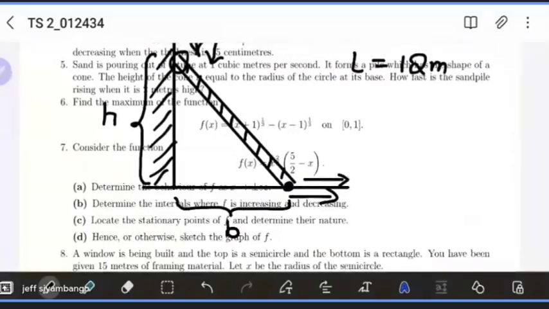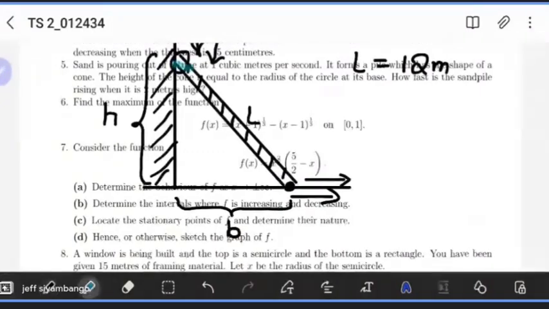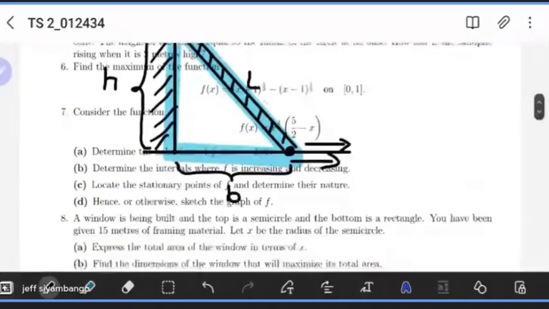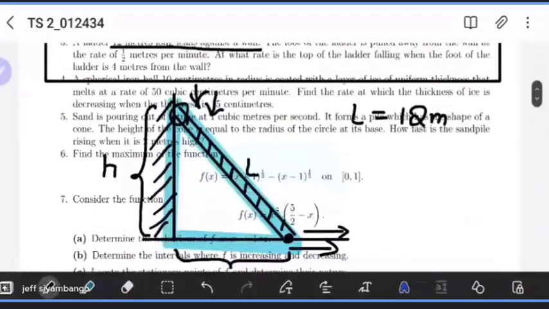So in other words, we want to find a connection between the height, the base, and connect this with the length of the ladder. And since the shape we are forming when we do this is a right-angled triangle, all the sides of a right-angled triangle will be connected by Pythagoras theorem. So let's do at least that part.